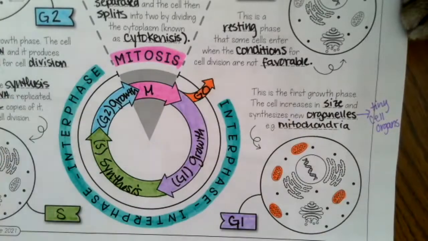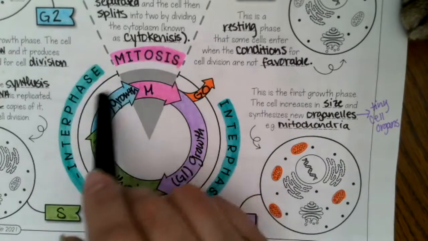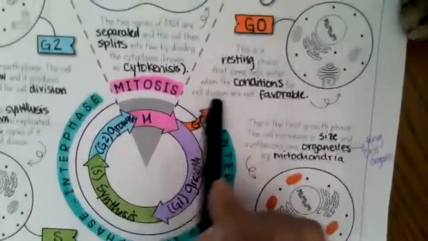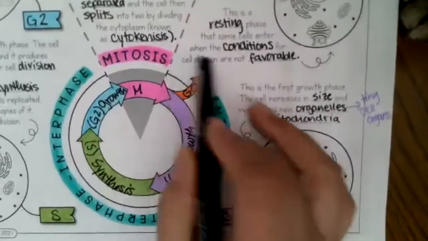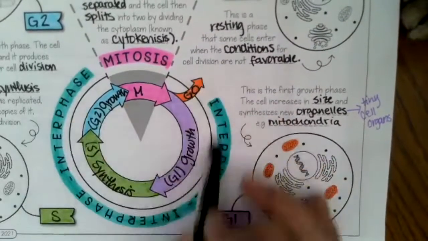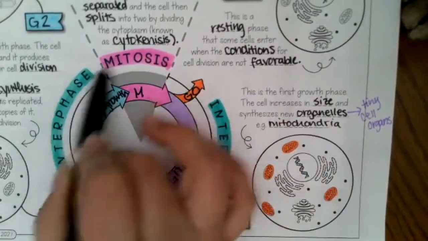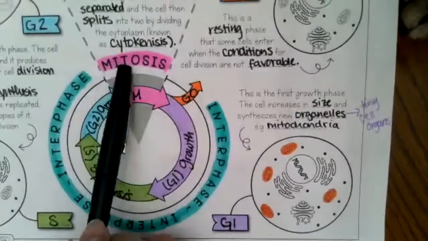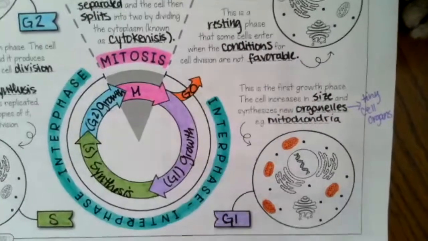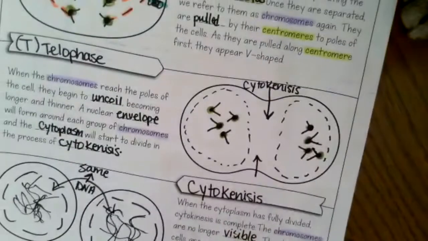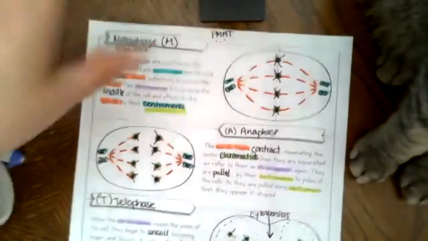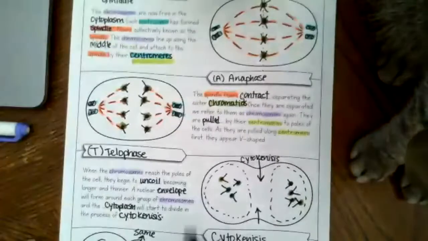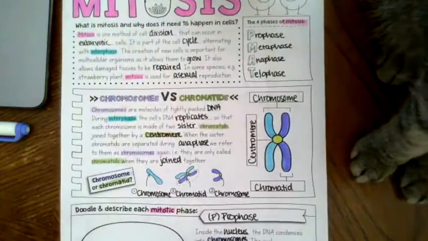But if we do need to take a break here, we will go into our G0 phase. But as I said, we have that interphase process, and it's going to take up pretty much most of the pizza pie here. Just a little pizza slice over here is going to be that mitosis. But as you guys found out, mitosis has a lot of stuff going on here, right? There is quite a bit of stuff going on in mitosis. And it's not just the back page, it's like the whole front page too.